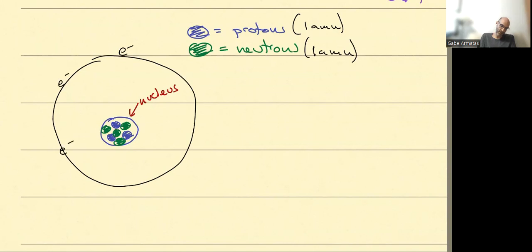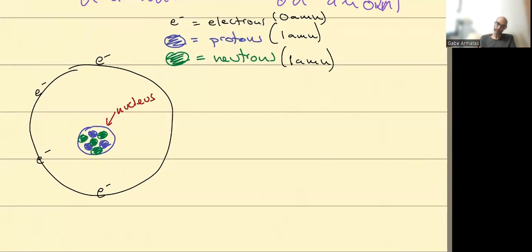We'll do 4. So the little e minus are the electrons. The electrons they weigh nothing, 0 AMU. Their mass relative to the protons and the neutrons is non-existent. Okay. So that's great.